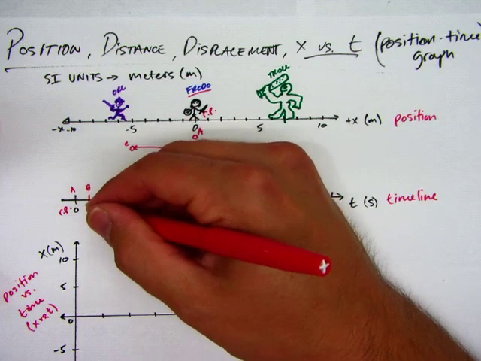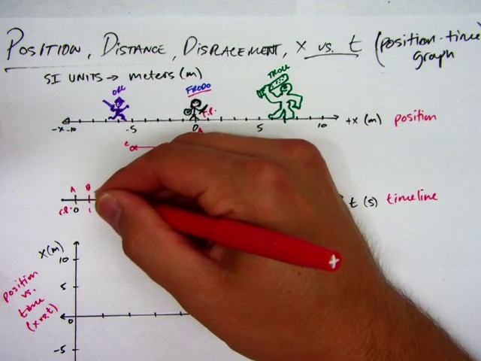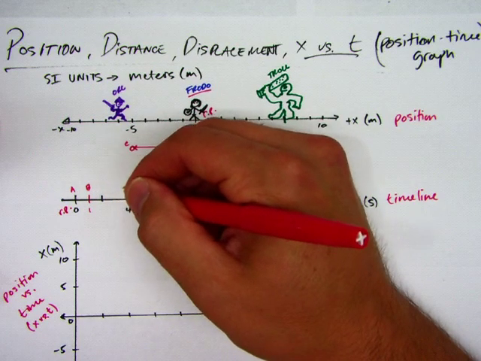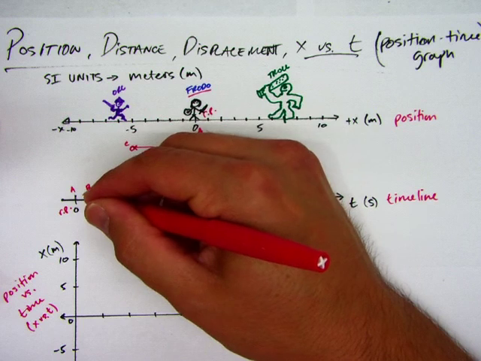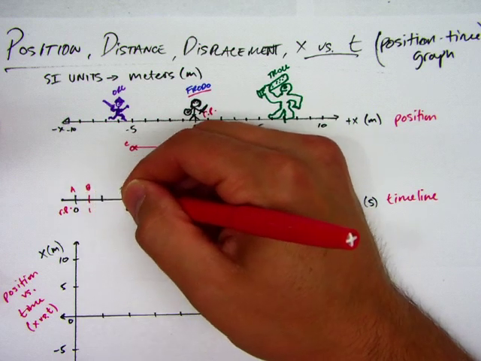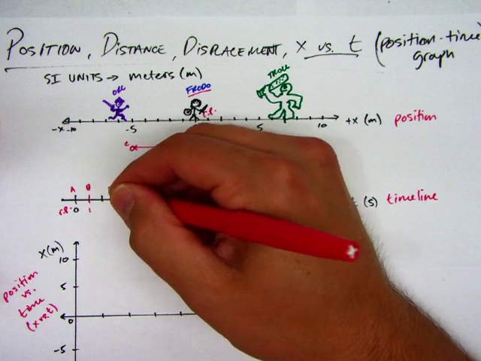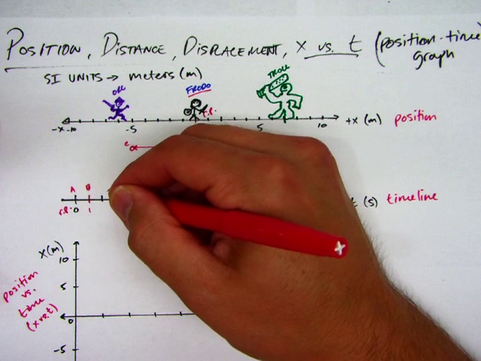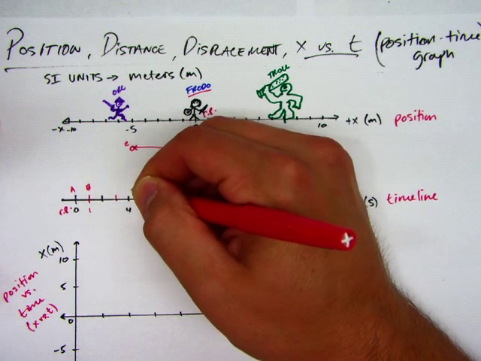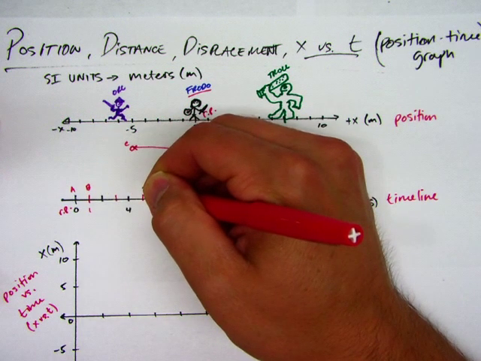So from B, which is at 1 second, it takes him, let's say, 5 seconds: 1 to 2, 2 to 3, 3 to 4, 4 to 5, 5 to 6.